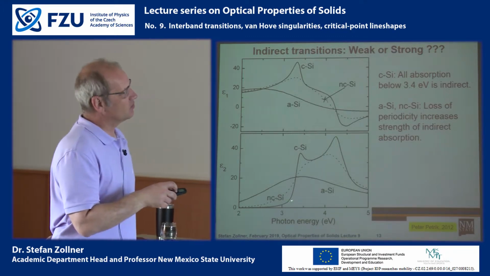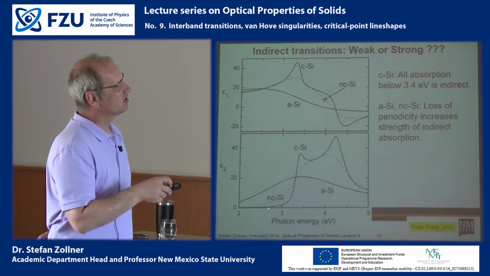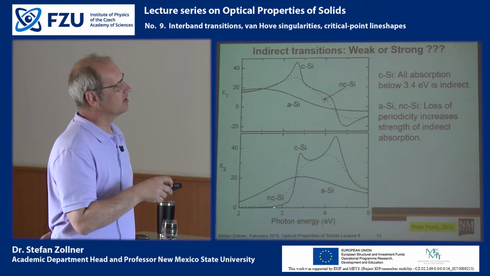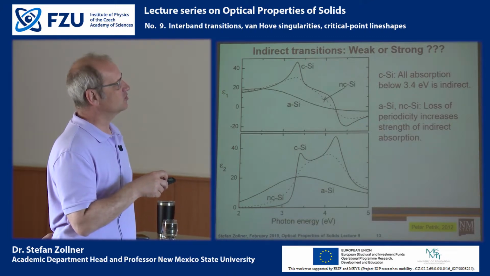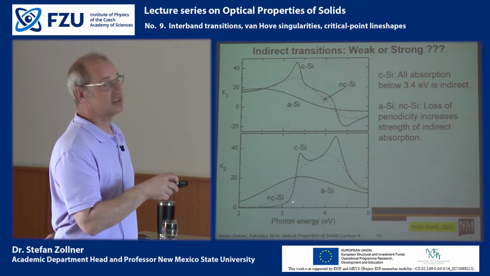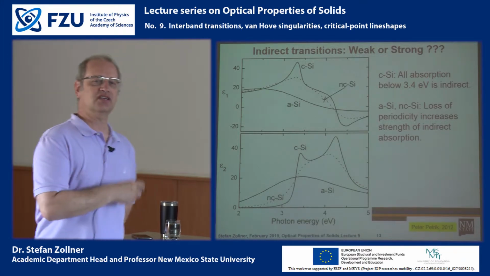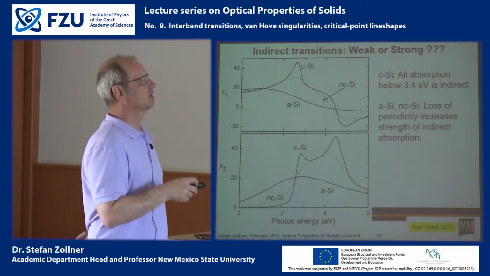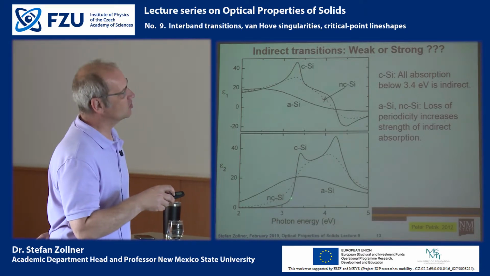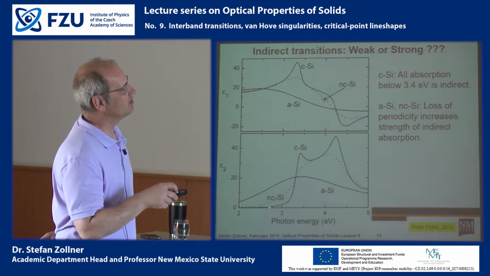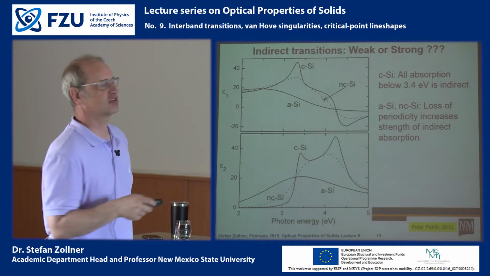So we can measure indirect transitions in materials if there is a very large difference between the indirect gap, which is somewhere around here, and the direct gap. So we have this 2 eV difference between the indirect gap and the direct gap. And therefore, we can measure indirect transitions in ellipsometry because of this large energy difference.